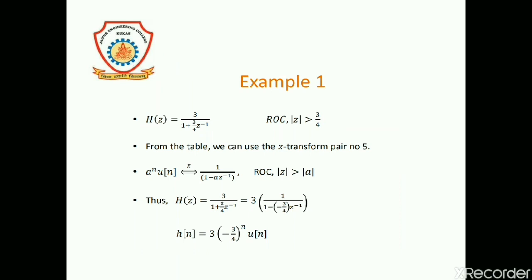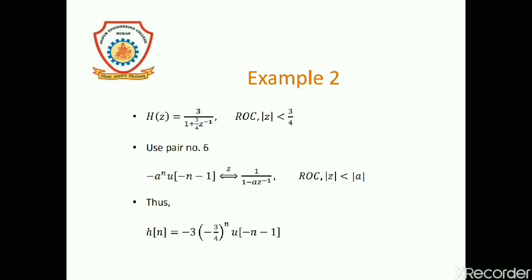So using this formula for the given signal H(z), the inverse Z transform will be h[n] equals 3 times minus 3 by 4 to the power n u[n]. So this is the input signal h[n], and it is obtained by applying the inverse Z transform to the given signal.